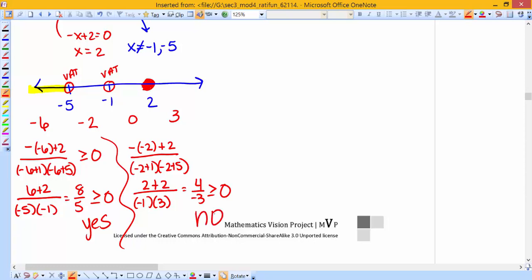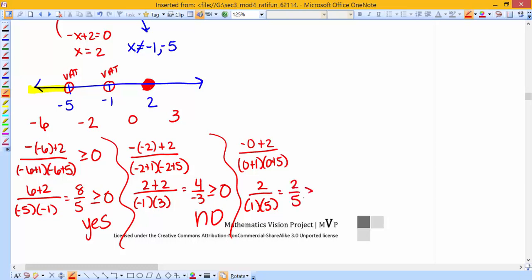No. So I do not highlight that area. Now I'm going to plug in 0. 0 plus 2, 0 plus 1, 0 plus 5. I get 2, 1, and a 5, which is 2/5. Is that greater than or equal to 0? Yes. So I'm going to highlight here.